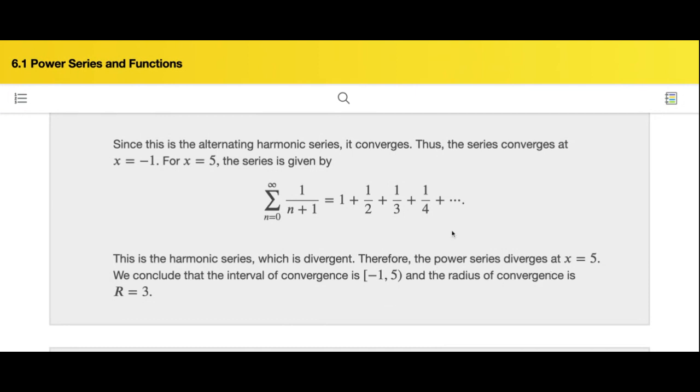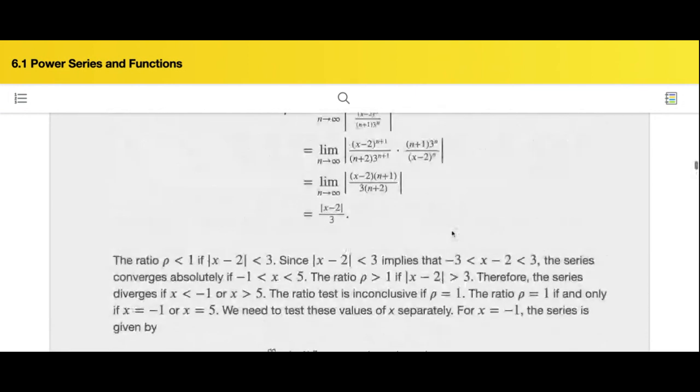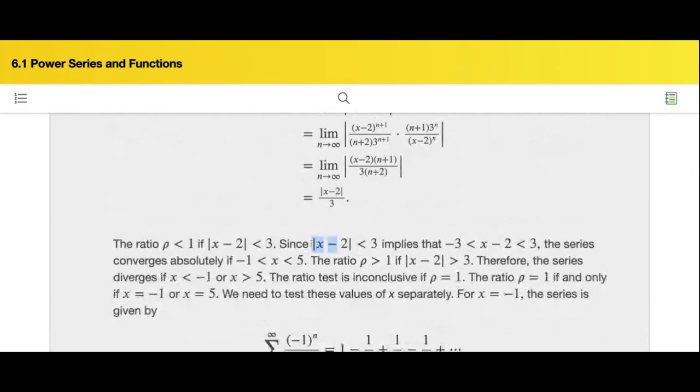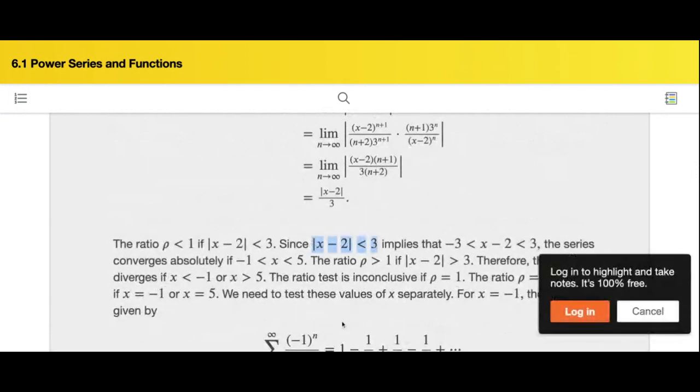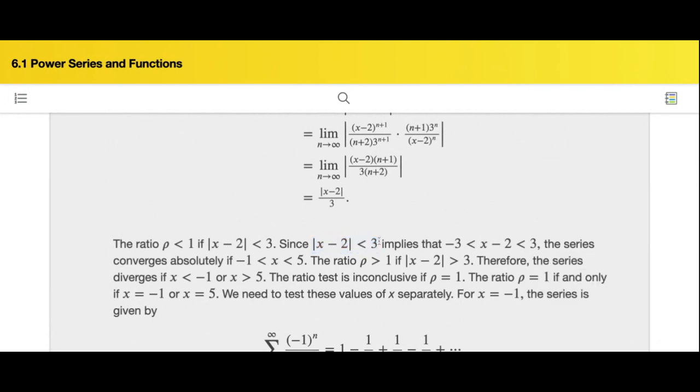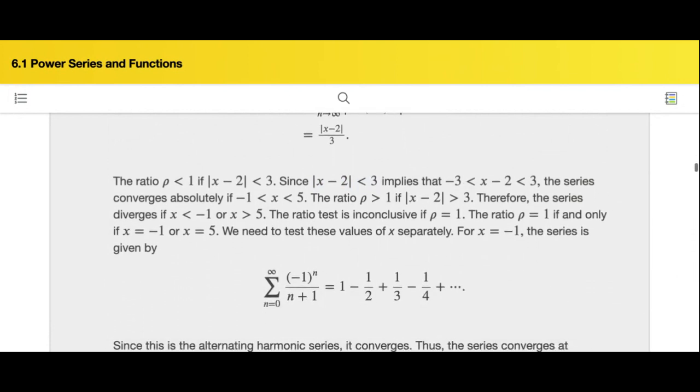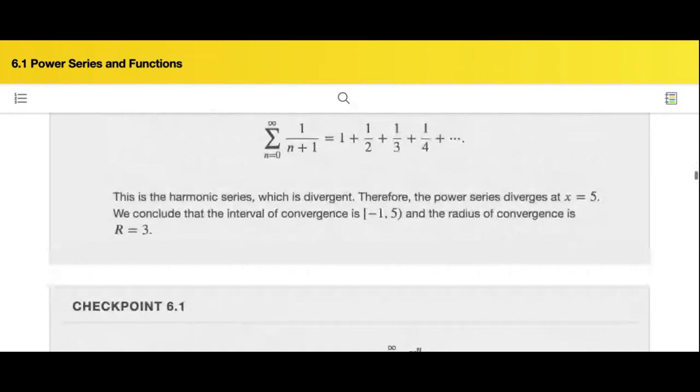And the radius of convergence is 3, because the absolute value of x minus 2 is less than 3. So 3 is the capital letter R, the radius of convergence. Okay, any questions?